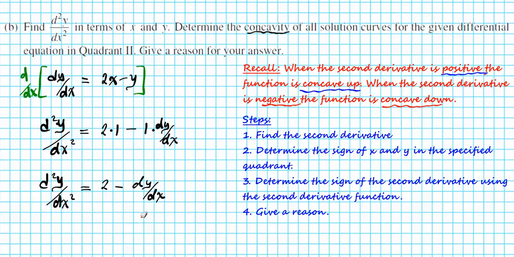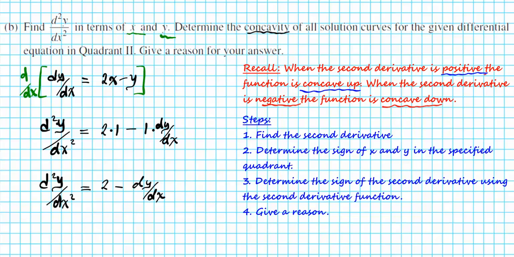So the question now is, are we done? Is this the second derivative that the problem was asking us to find? The answer is no. The problem asks us to find the second derivative in terms of x and y, and this is in terms of dy/dx. So how do we make our answer consistent with what's expected of us here? We're going to use the first derivative to make a substitution, okay?